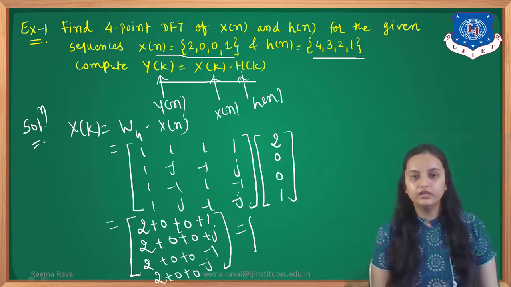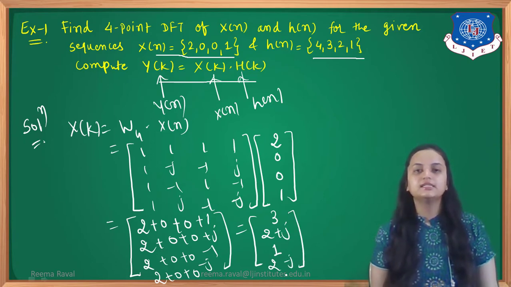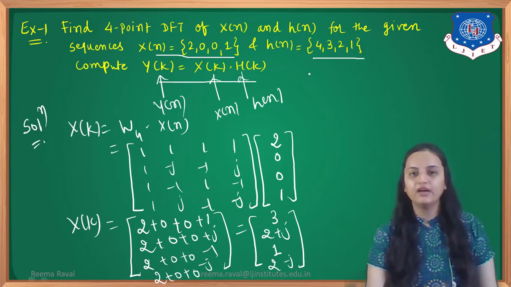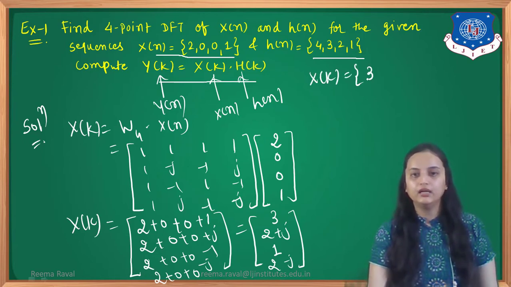So the answer will be 2 plus 1 equals 3, 2 plus j, 2 minus 1 equals 1, and 2 minus j. This is the DFT of x of n, which is x of k.